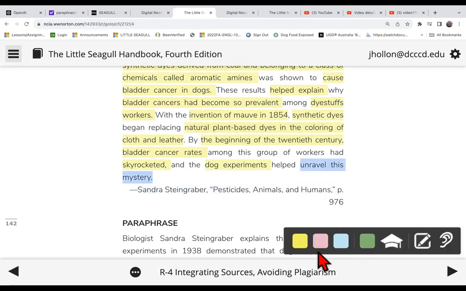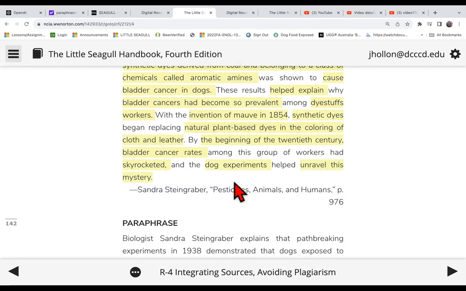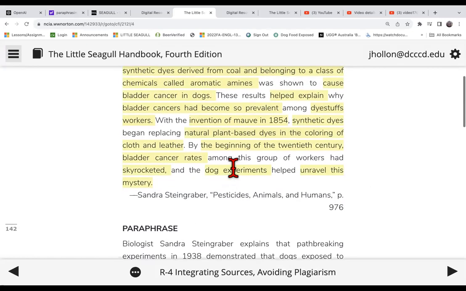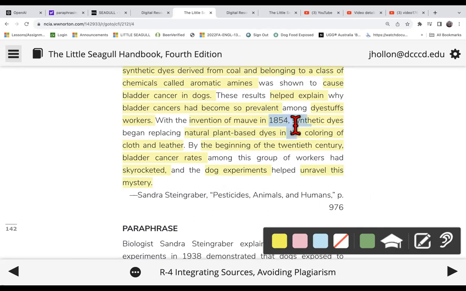Now, there are a few things that I want to put over here because I want to make sure that I'm connecting this right here, that in 1854, I want to put a comment here. So I'm going to click.